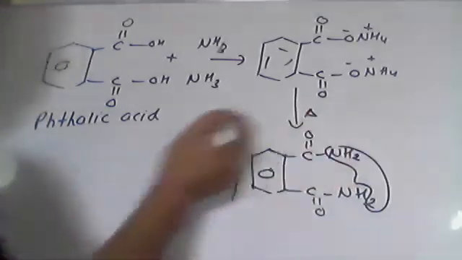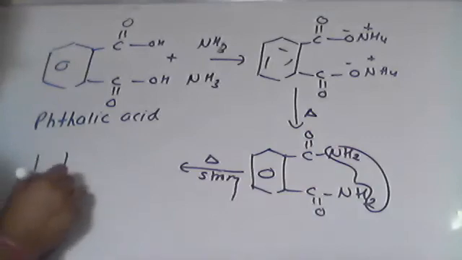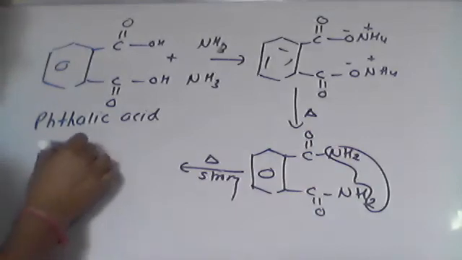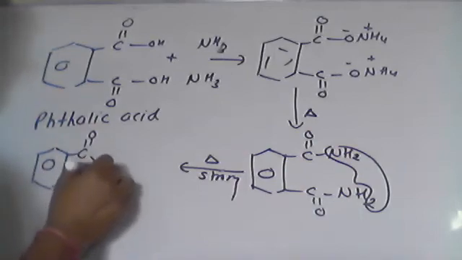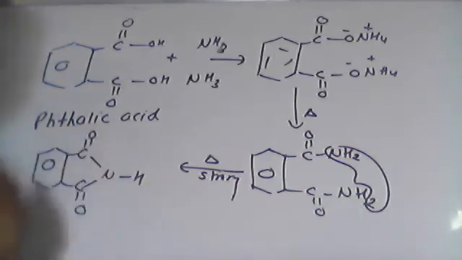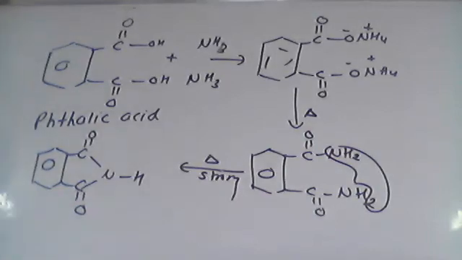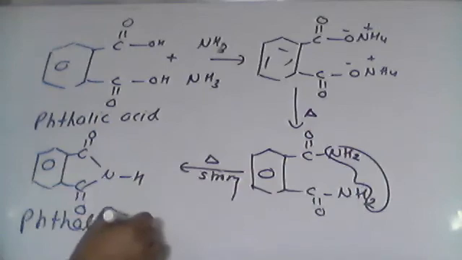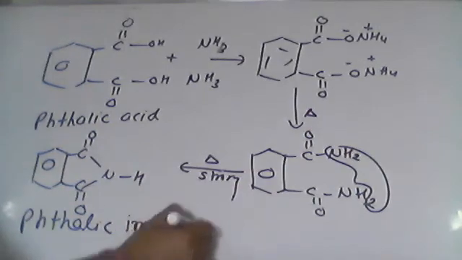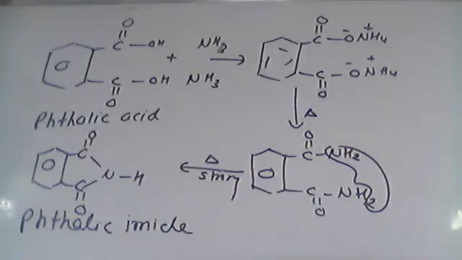And we will get C double bond O, C double bond O, N and H. This we call phthalimide. With ammonia we react and get phthalimide.